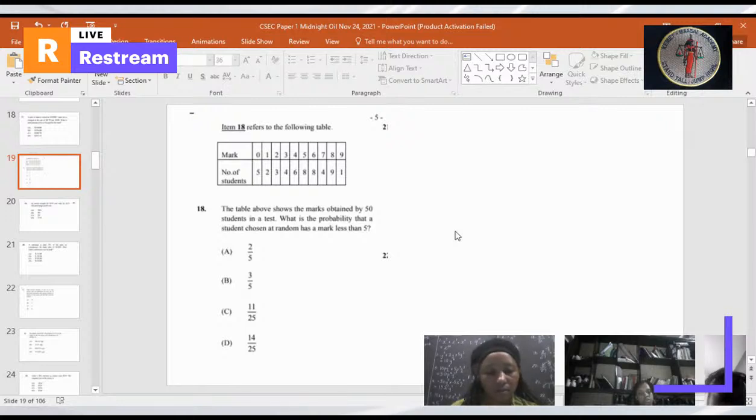Why would we add all the marks? Because they want the chance of it being less than 5. So why would that mean we're adding all the marks?